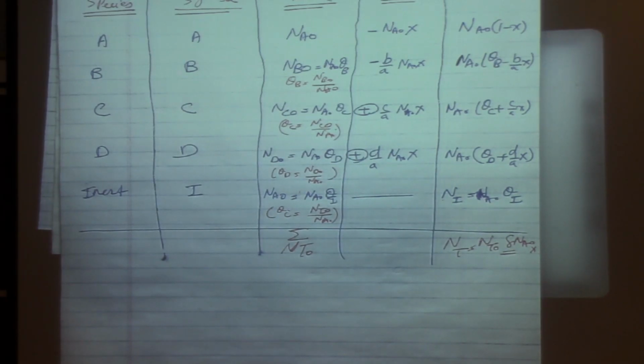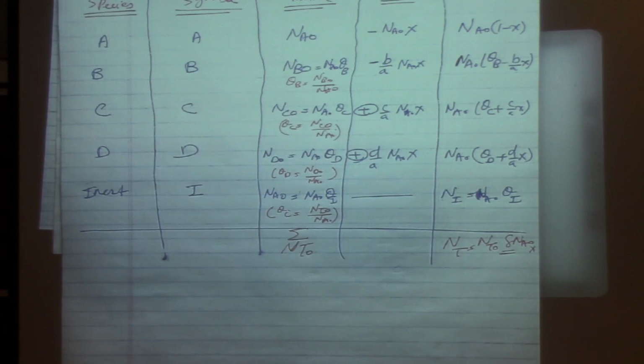What delta gives you is some idea of the coefficient of the products minus coefficient of reactants, because you have all of those there. You see you have 1, B over A, C over A, and D over A. So that's delta. Delta shows the change of the number of moles between the products and reactants.